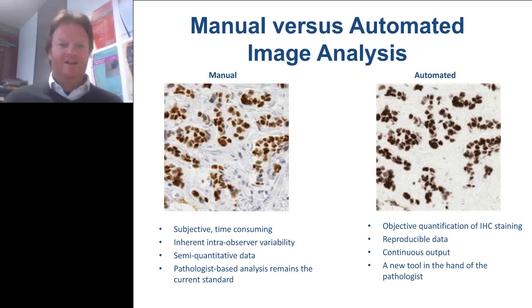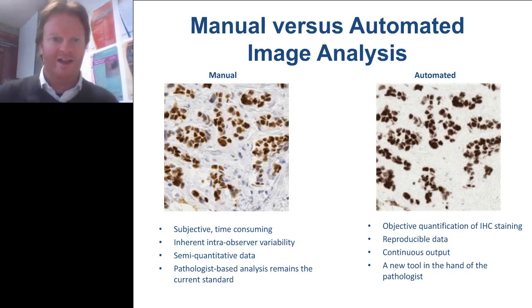The other major problem with manual analysis is that the human eye, while extremely complex, tends to find it very difficult to distinguish between things that are reasonably similar. So manual scoring of immunohistochemical staining tends to range from 0 through 1+, 2+, and 3+, and after that we really don't apply any more.